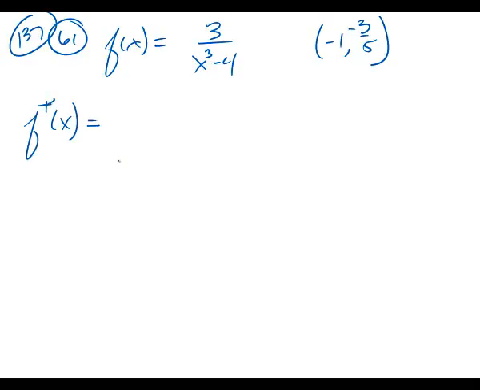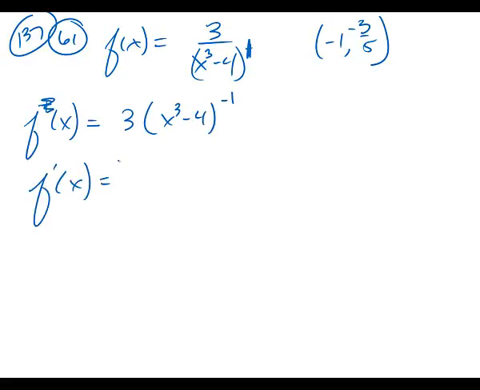Actually, I'm not going to take the derivative yet. Let's get this thing upstairs, because I don't want to do a quotient rule if I don't have to. I'm going to bring this upstairs by making the exponent -1. So 3 times x cubed minus 4 to the negative first. Alright, now let's do the derivative. I'm going to take this and bring it to the front, so I get what? x cubed minus 4 to the... You got to subtract 1, so -2.